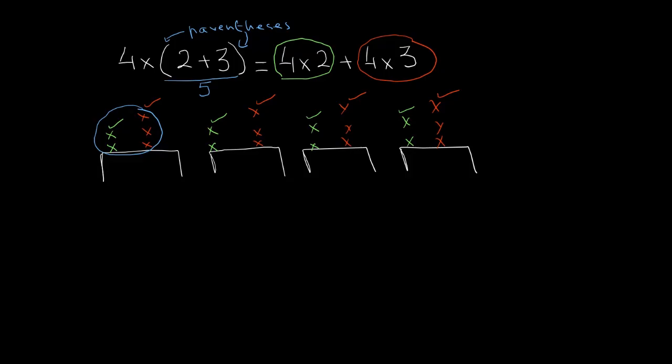So this is called the distributive law, and it takes two flavors. Because of the commutative law, I can write it in two different ways. I can write it as 4 times 2 plus 3, or I can also write it as 2 plus 3 times 4 is equal to 2 times 4 plus 3 times 4.